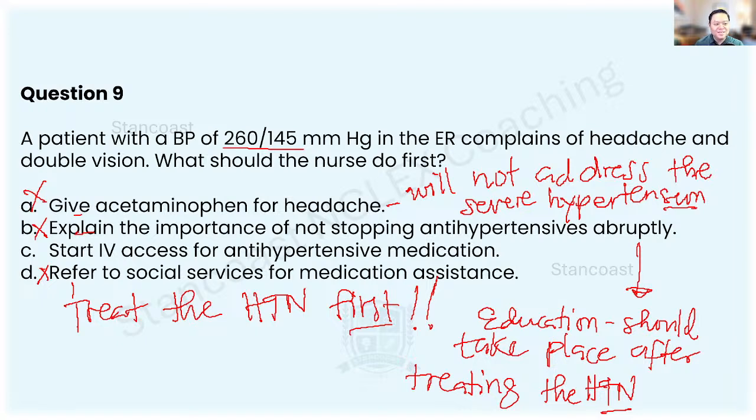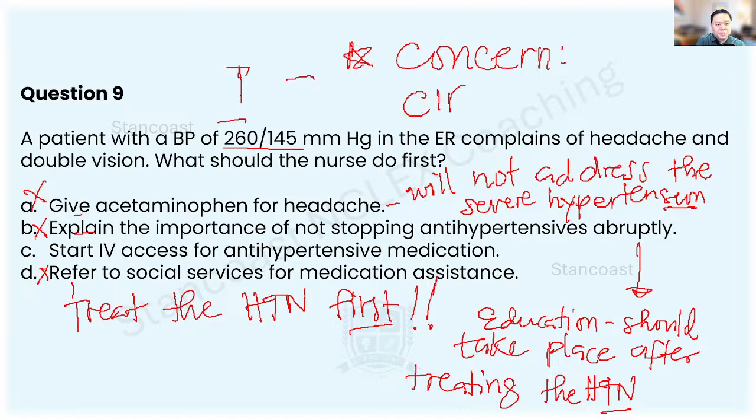All right. So what we need to do here is to treat the hypertension. Our issue here is going to be the circulation. Or the concern, rather, I should say concern is about circulation. Blood supply to the body organs.